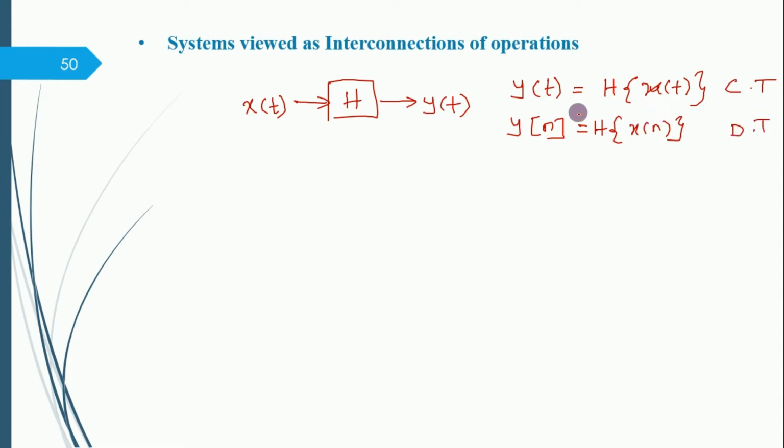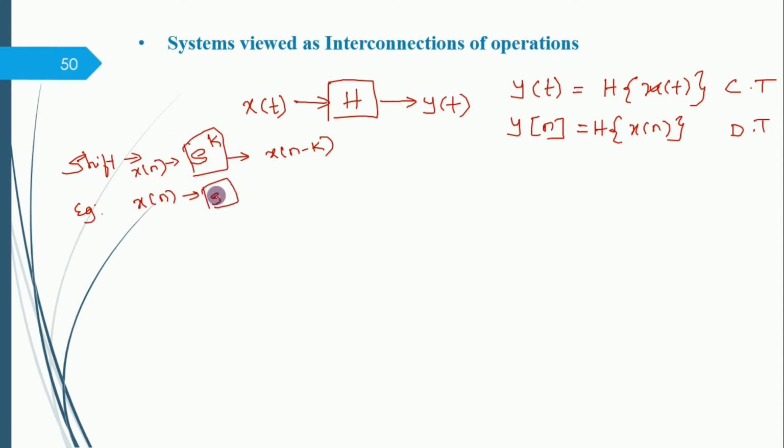Okay. So for shift operator, we use S^k. So if x of n is the input, your output will be x of n minus k. For example, if my input is x of n and the shift operator is given as S, or if no power is written, the output is x of n minus 1.